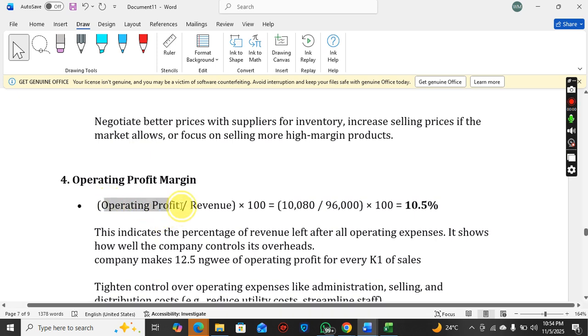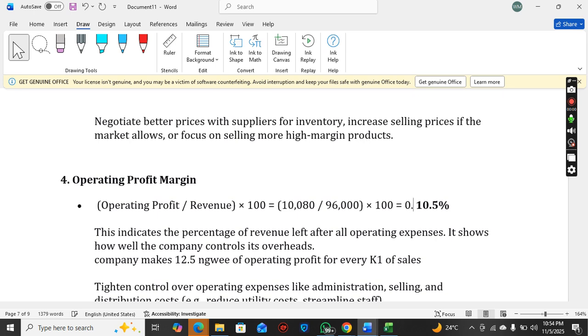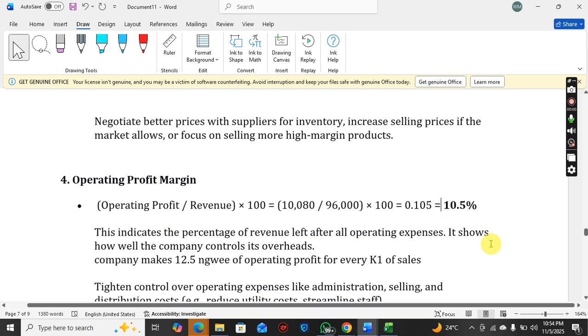So that's your operating profit divided by your sales revenue times 100. So 10,080 divided by 96,000, you get 0.105, which is 10.5%.